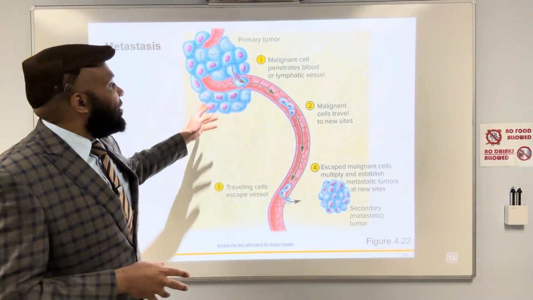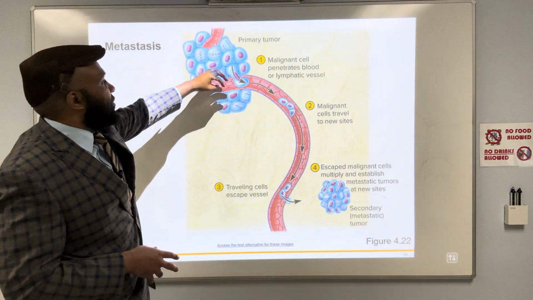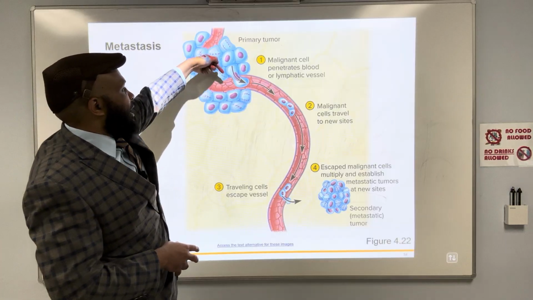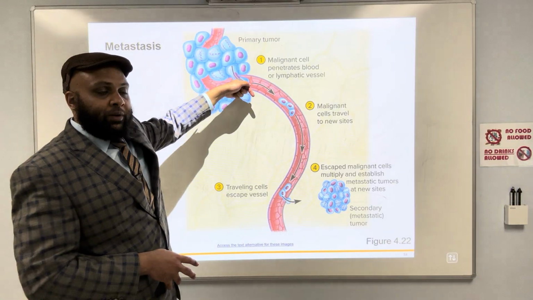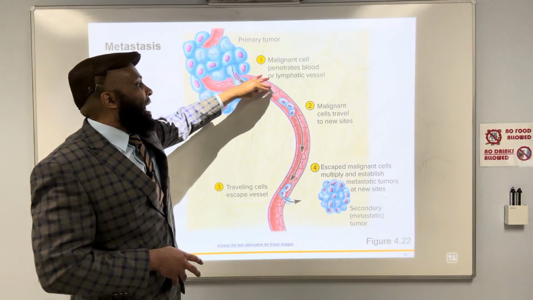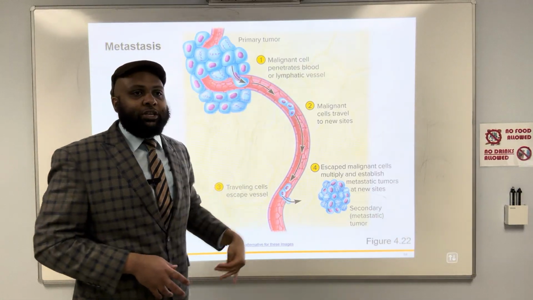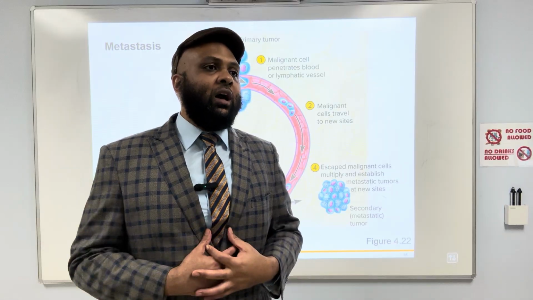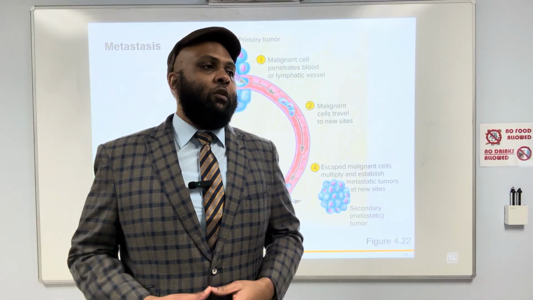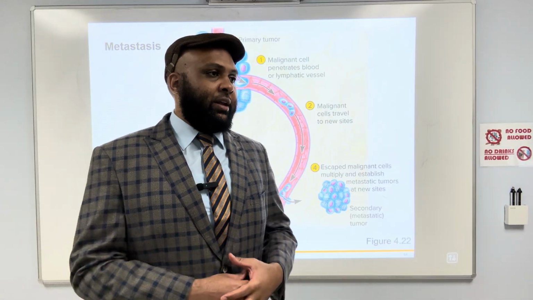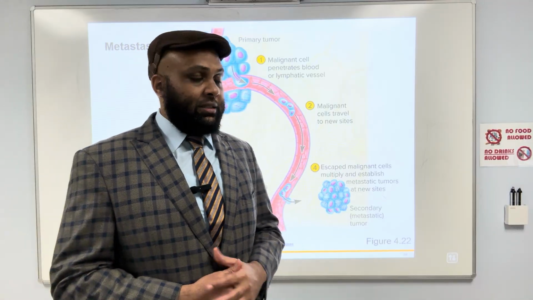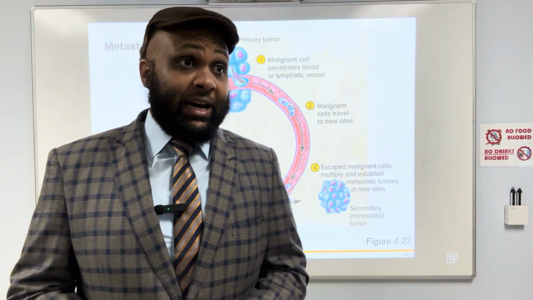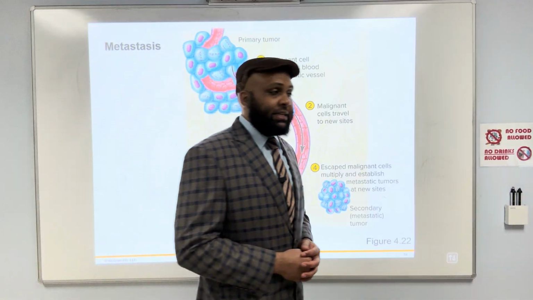If it travels, you see it infiltrated, that's the blue cancer cell. It broke into the blood vessel and traveled a very long distance, from the bone to the kidney, from the lung to the bone, from the liver to the brain. That's not invasion anymore. That is now metastasis.